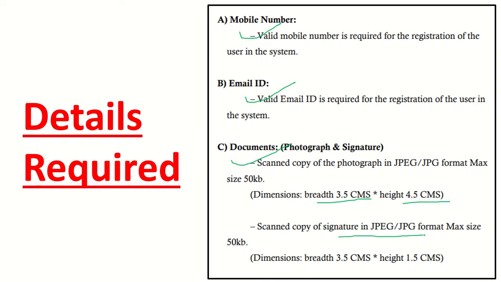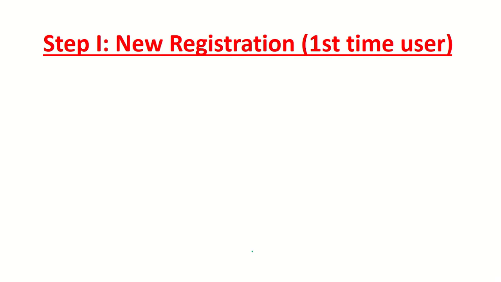Then for the signature, the dimension is 3.5 centimeter into 1.5 centimeter, and the format of the image should be in JPEG or JPG for both photo and signature, and file size should not exceed 50 KB for both photo and signature.